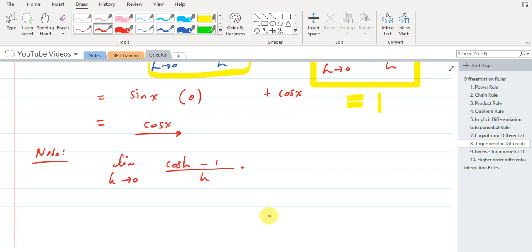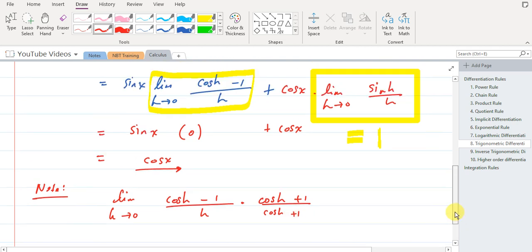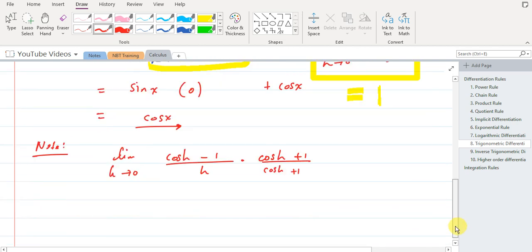Why is this limit equal to 0? So let me multiply this by the conjugate, make it cos h plus 1 over h, cos h plus 1, and use this rule here, sine h over h.